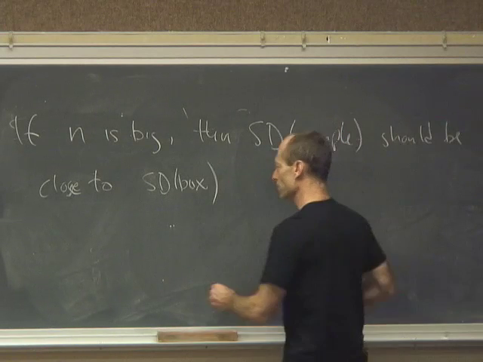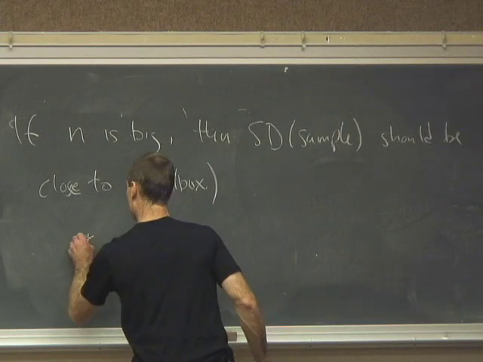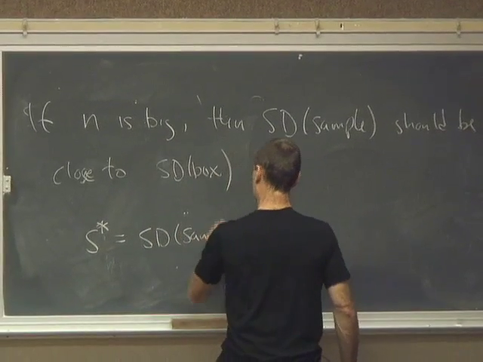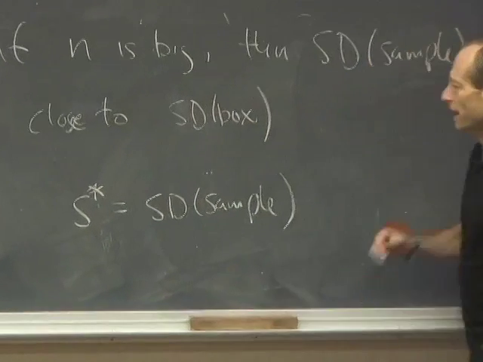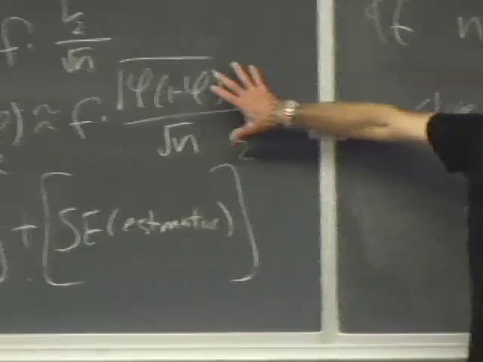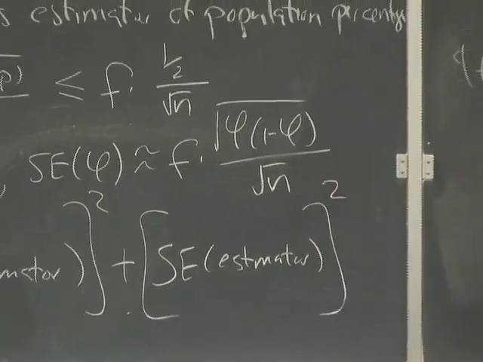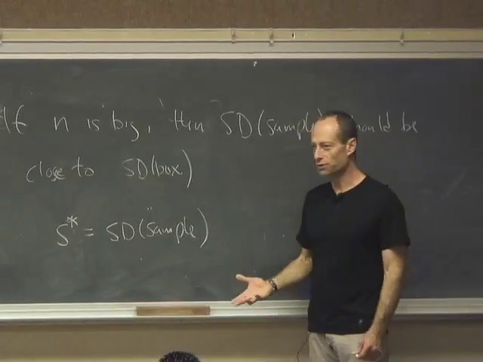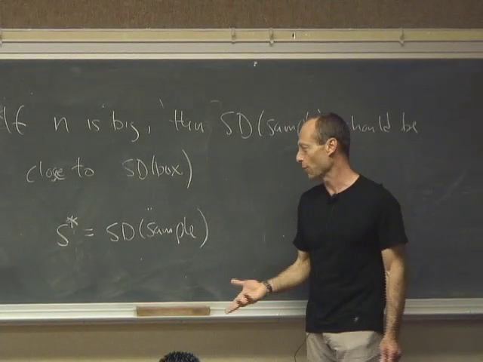So that leads to this general notion of S star is equal to the SD of the sample. And this is commonly used in sampling from a 0-1 box to estimate the SD of the box. It turns out that something slightly different is typically used if you're drawing from a box that isn't a 0-1 box.